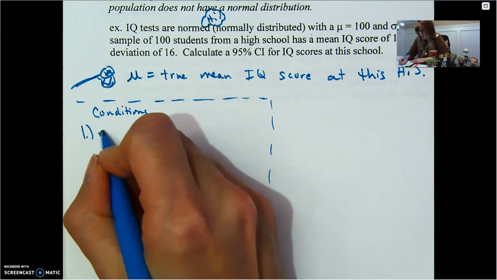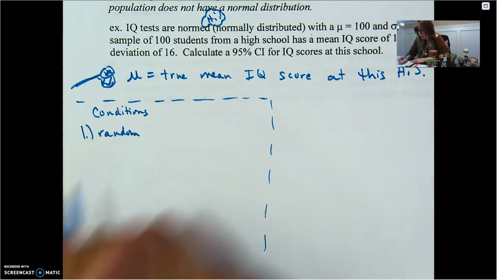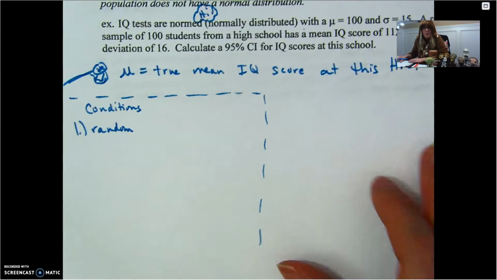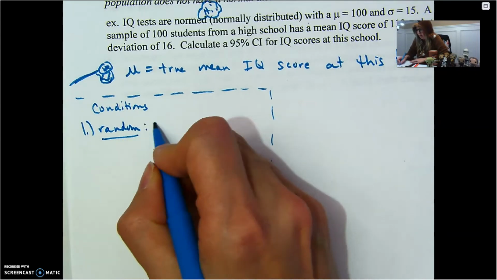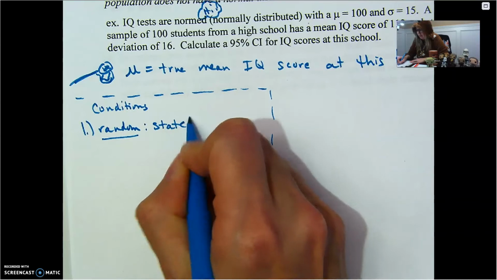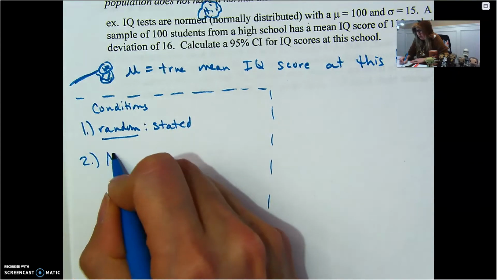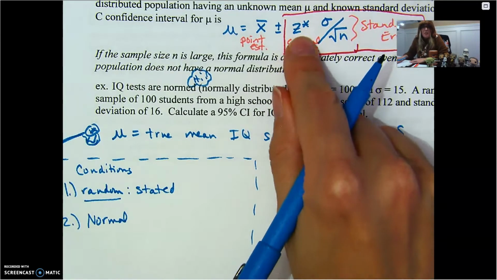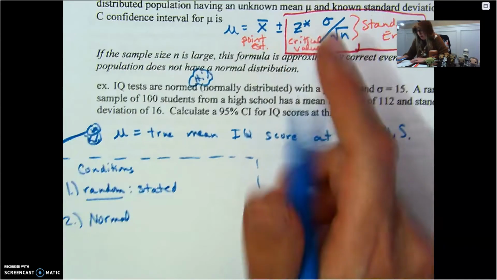First condition, our data has to come from a random sampling, and it does. Random was stated in our problem. So for our condition check, we would say random is stated. For the next check, we need to make sure that our distribution is normal because z star is based off of that normal bell curve.